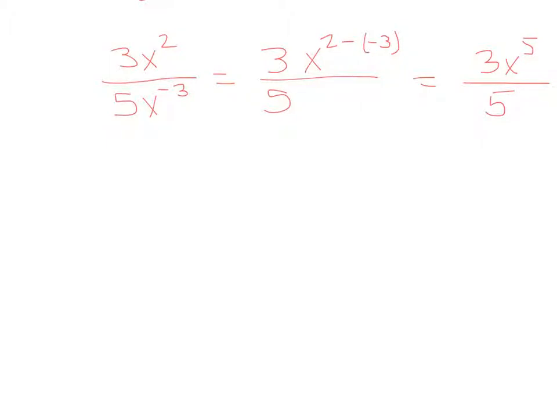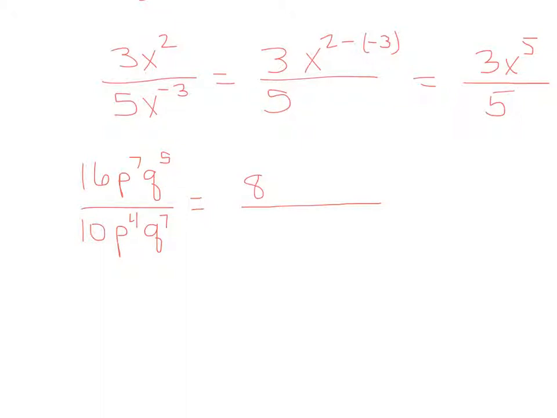Okay, let's look at this one, increasing the complexity. 16p to the 7th q to the 5th over 10p to the 4th q to the 7th. Starting off with the 16 and 10, no exponent on those, so we can just go ahead and simplify, and 2 goes into the 16 8 times and into 10 5 times.